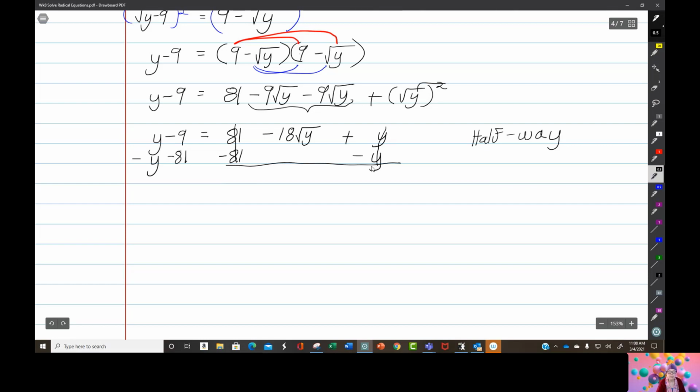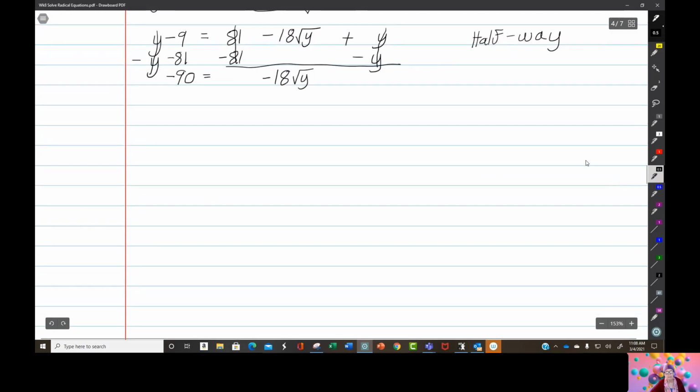Y minus y is 0, so we're left with negative 18 times the square root of y. Over here, y minus y is 0, so I have negative 9 minus 81. That's negative y plus negative 81. That's going to be negative 90. So negative 90 equals negative 18 times the square root of y.